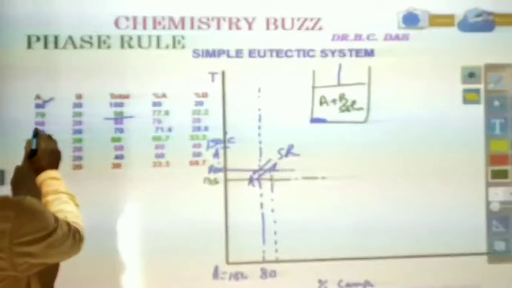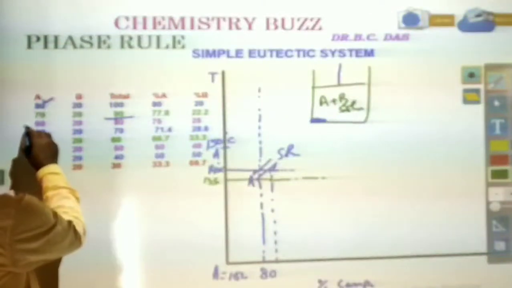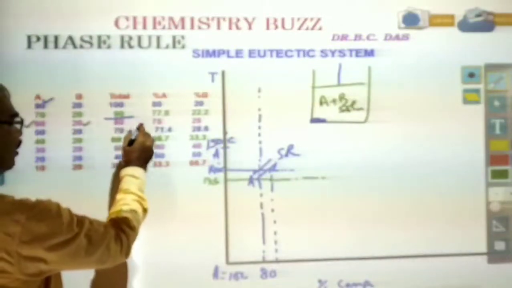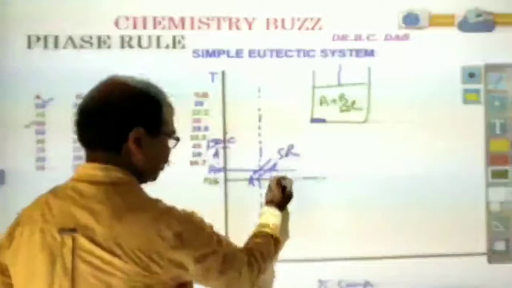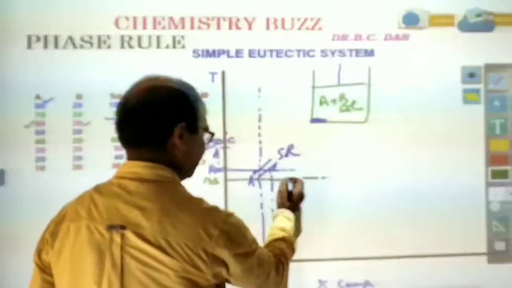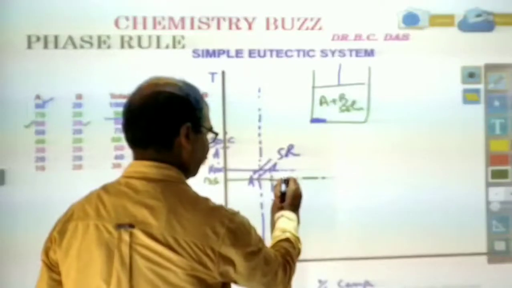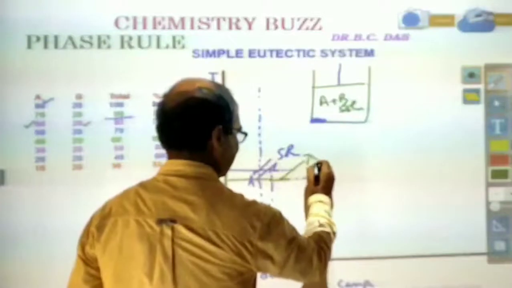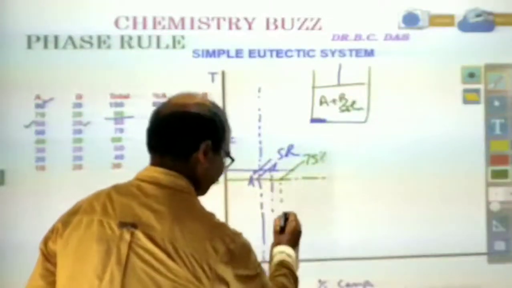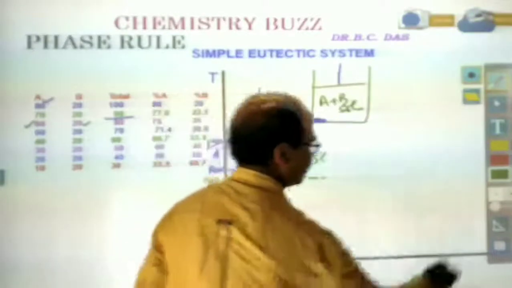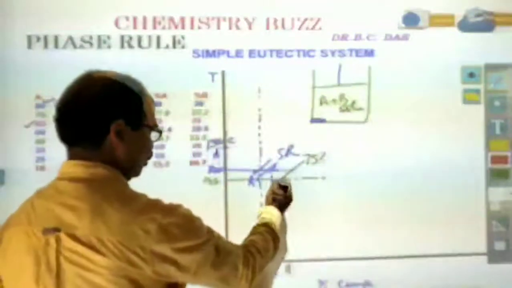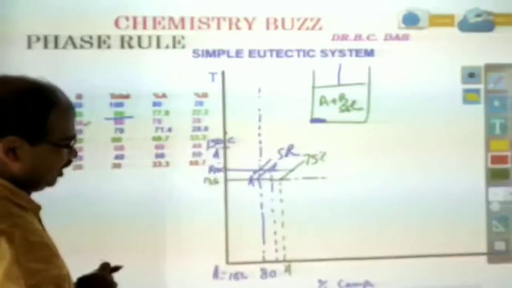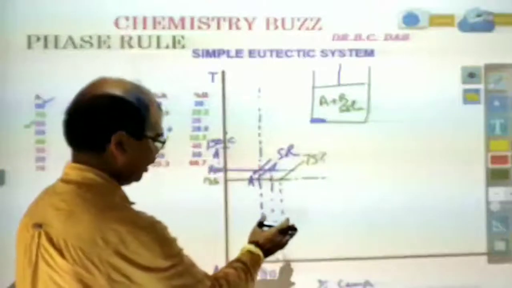So further, A becomes 60 gram in the solution and B 20 gram, and the total weight 80. So the percentage of A in the solution at this 135 degree centigrade will be, say, here, 75% of A. When it is 75% of A, we know the molality of solute is increasing gradually, so the freezing point will fall according to the colligative property.